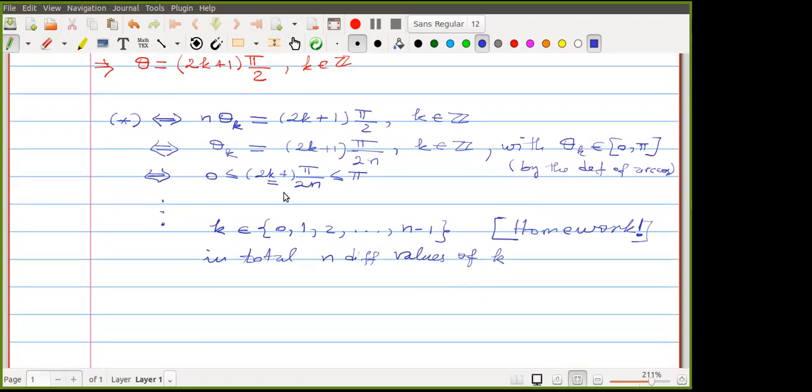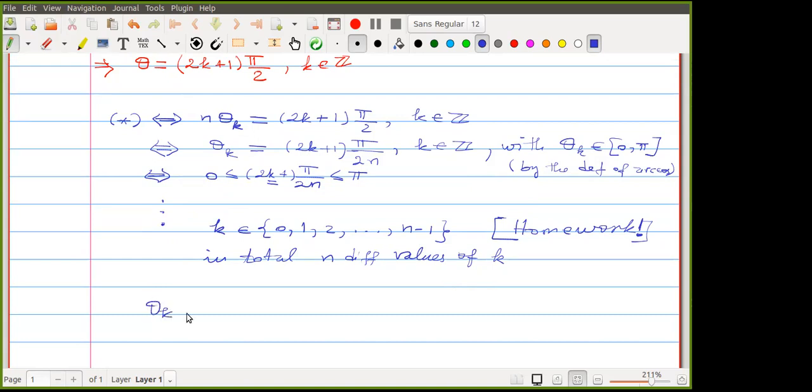All right, now what is our expression for the solution itself? This is what the range of k has to be, but we still need to find the root. So this is theta, but what is theta?